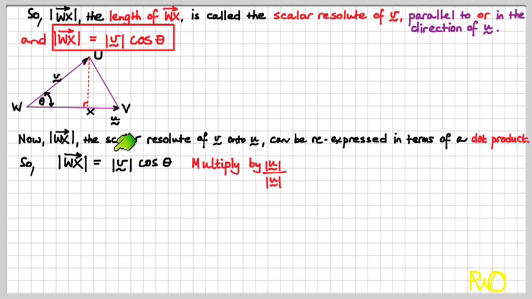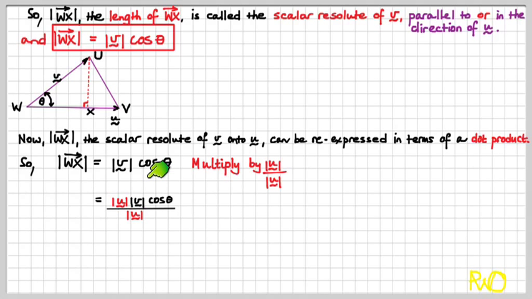That came from basic trigonometry, remember? Now we're going to multiply top and bottom by magnitude of U over magnitude of U, which is in effect just 1, but I'm going to pull a rabbit out of a hat in a minute, so watch this. So, that's where we get to.